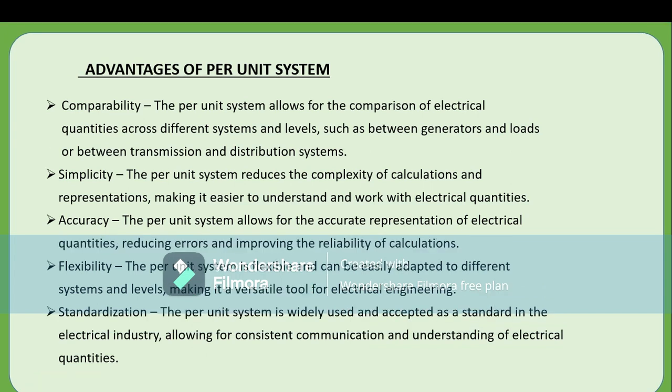If you have paid attention to transformer nameplates, you will see most times that what is represented on the nameplate is the per unit impedance. Most times you find it also on generators. So it is now a standard value, widely adopted and accepted. That's another beautiful advantage. So in doing your analysis, you just have the values in per unit. You can do your analysis easily and give your solutions as the case may be.